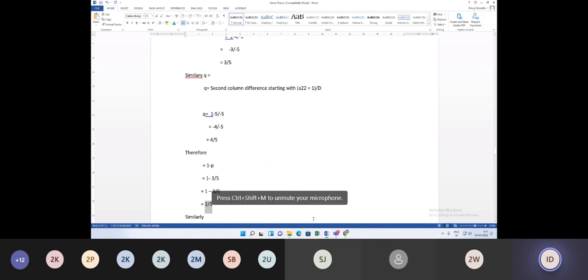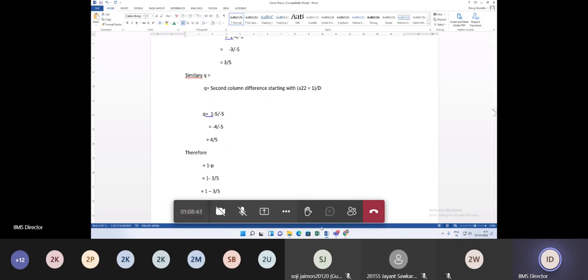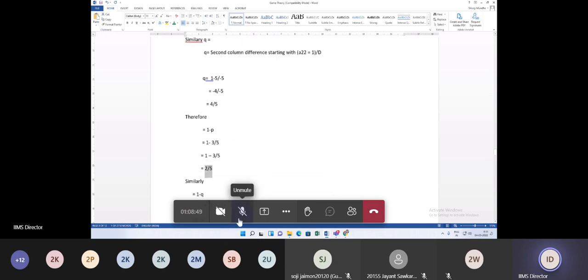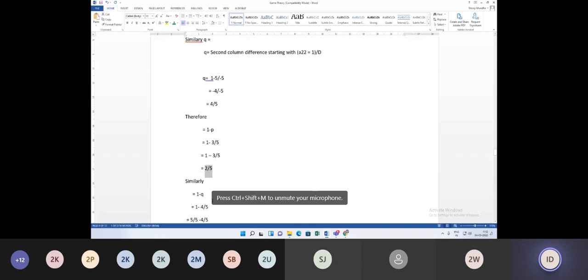I think some different value may come. One minus 3 by 5 is equal to how much? Is it correct? 2 by 5. Right? Okay.